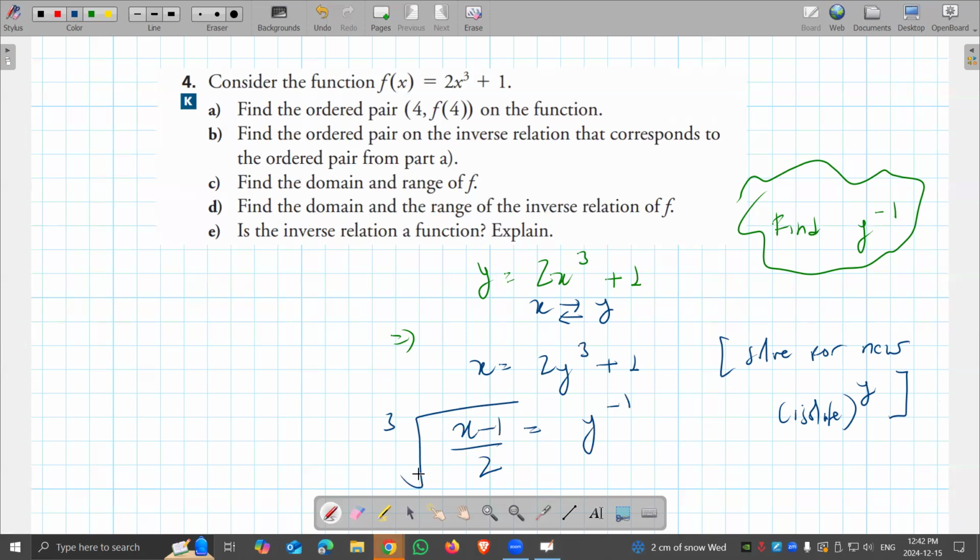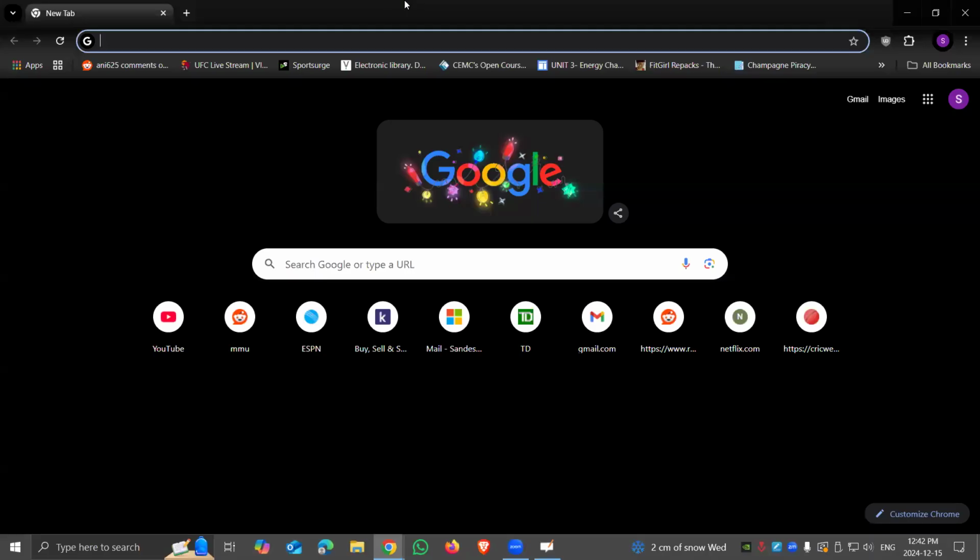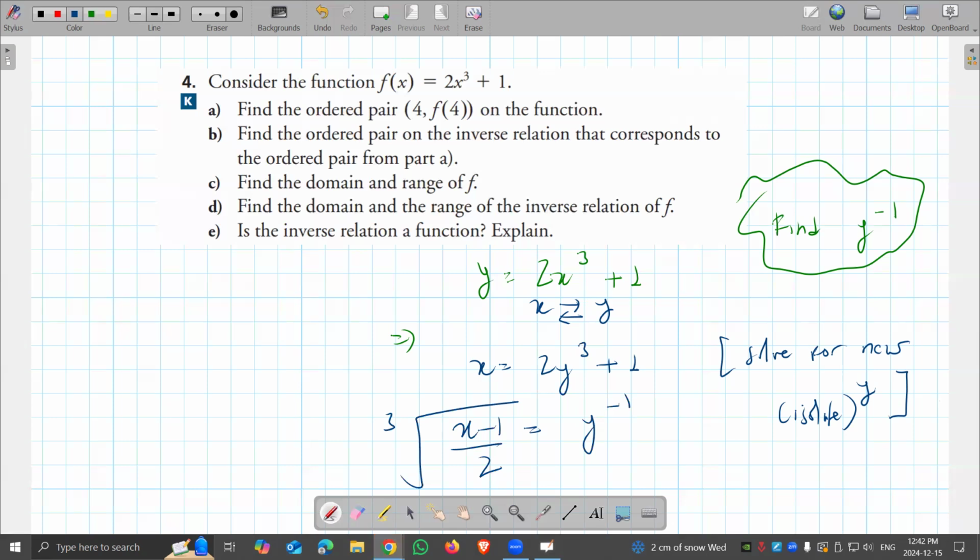Ideally, the best way to do this is to just graph your parent function. And then from your parent function, what you do is you flip the points, because a cubic function is pretty easy to graph. You just flip x and y is what I'm trying to say.